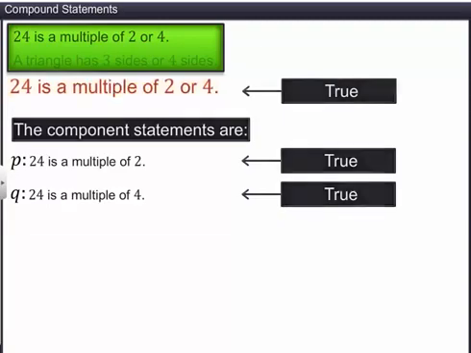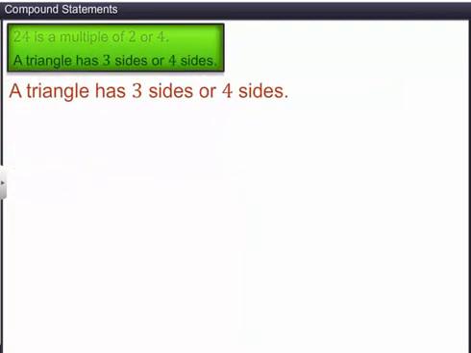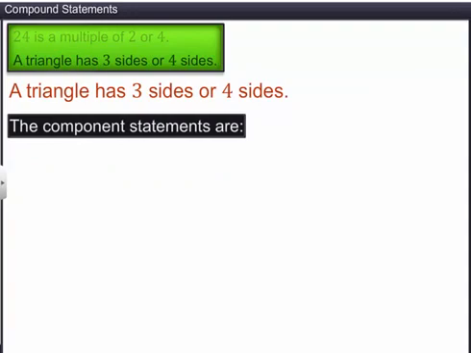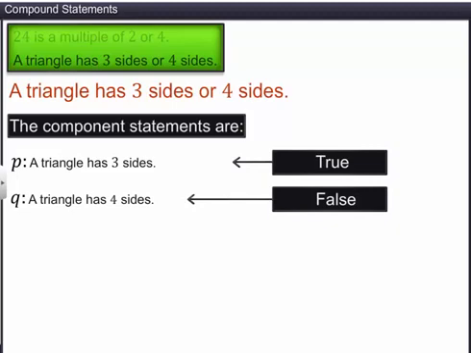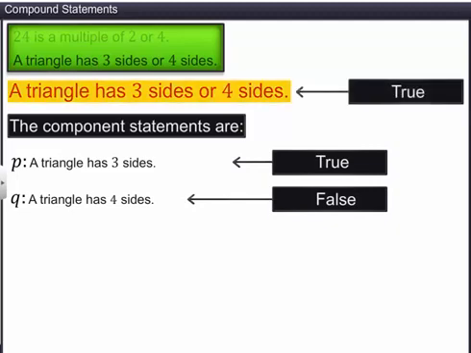Next, the component statements of the compound statement, a triangle has 3 sides or 4 sides, are: a triangle has 3 sides. A triangle has 4 sides. Statement P is true, while statement Q is false. Therefore, the compound statement is true.